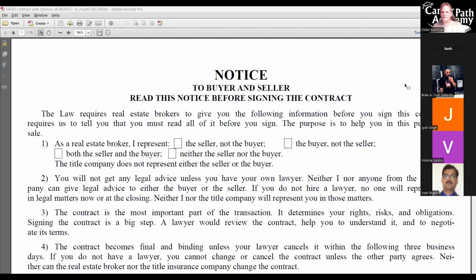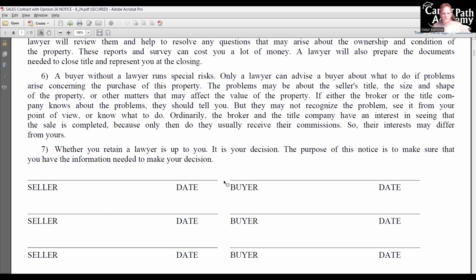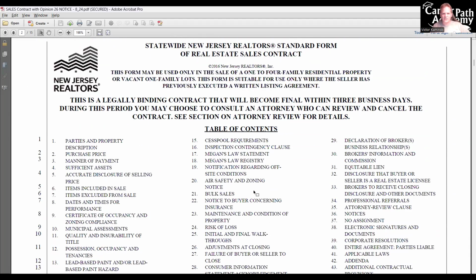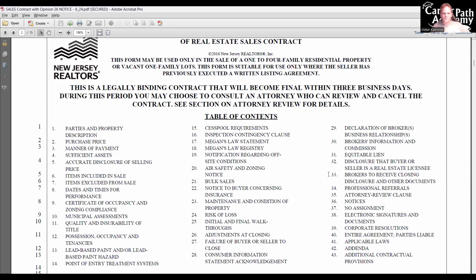So here we could see a sales contract with the Opinion 26 notice as the cover page. The first thing we see here is the Opinion 26 notice. And then if we scroll down, right after that, we have the first page of the sales contract. You see, Statewide New Jersey Realtor standard form of real estate sales contract.